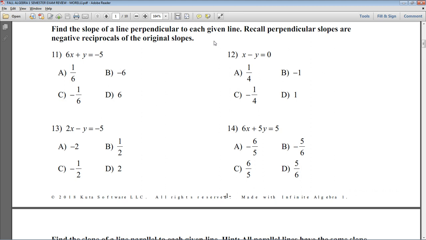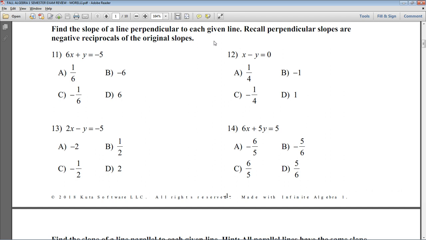Okay, so here we're going to be working on number 11, 6x plus y equals negative 5. So this is number 11. And what we're given is 6x plus y equals negative 5. And what we're asked to do is find the slope of the perpendicular.